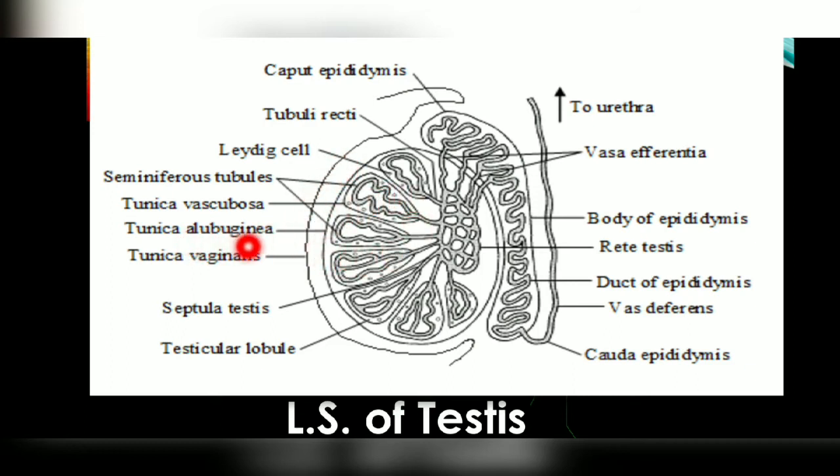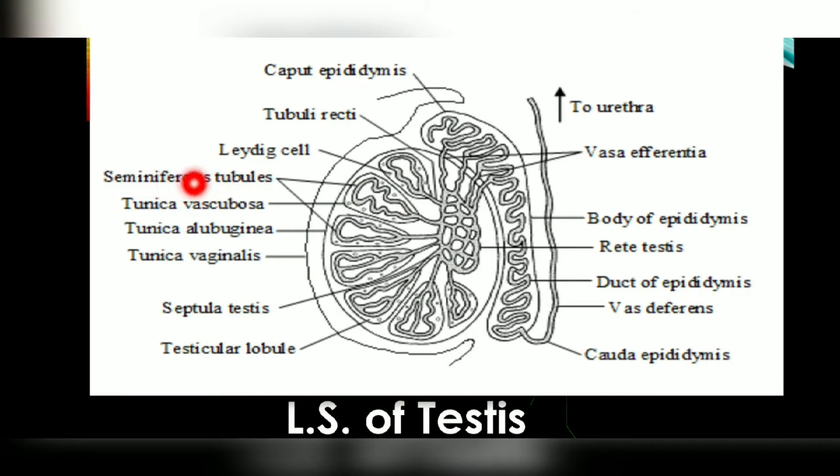Second is our tunica albuginea, and this layer projects inside the lumen of this testis and forms some compartments or lobules. These are called the testicular lobules. And what is their number? There are approximately 200 to 300 testicular lobules in one testis, and inside these lobules what is present?